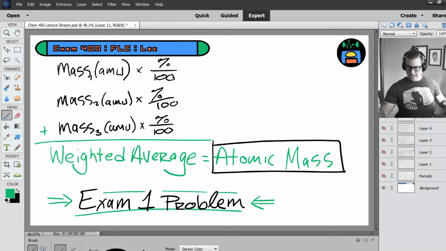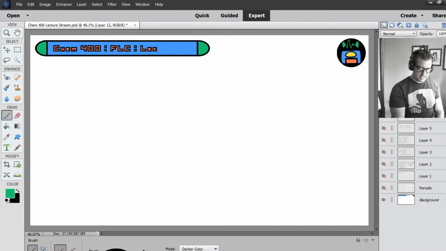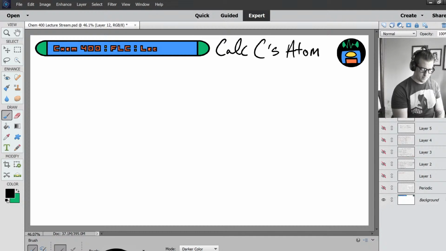So keeping that in mind, as we move forward, let's calculate the atomic mass for carbon using these 3 isotopes and the given natural abundance.